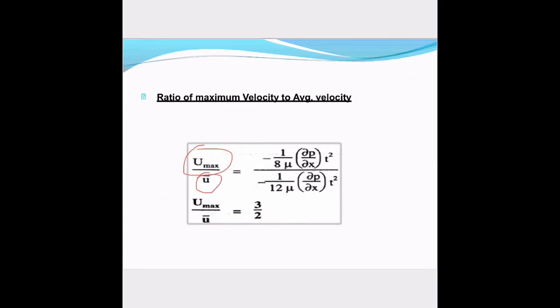So put those equations in and find the ratio. After calculation, you will get the ratio of maximum velocity to average velocity as 3 divided by 2.